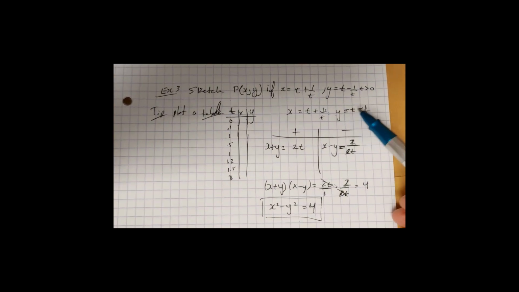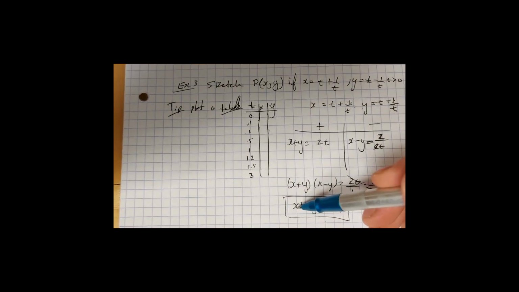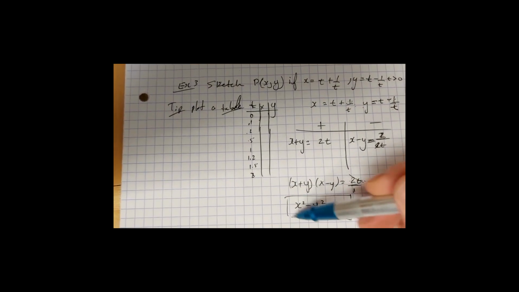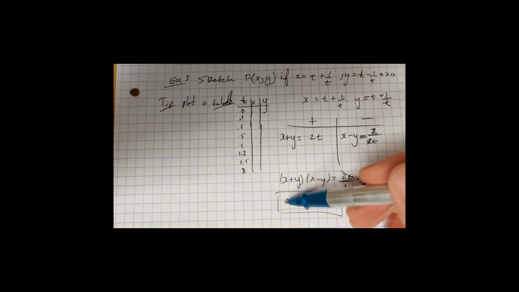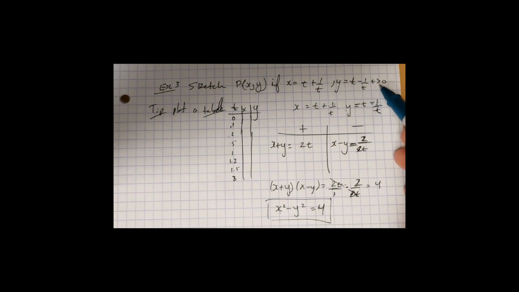However, when we look at the parameterization, you see that t is greater than 0. But in the equation, x can be negative, and that doesn't jive with the domain of the parameterization.